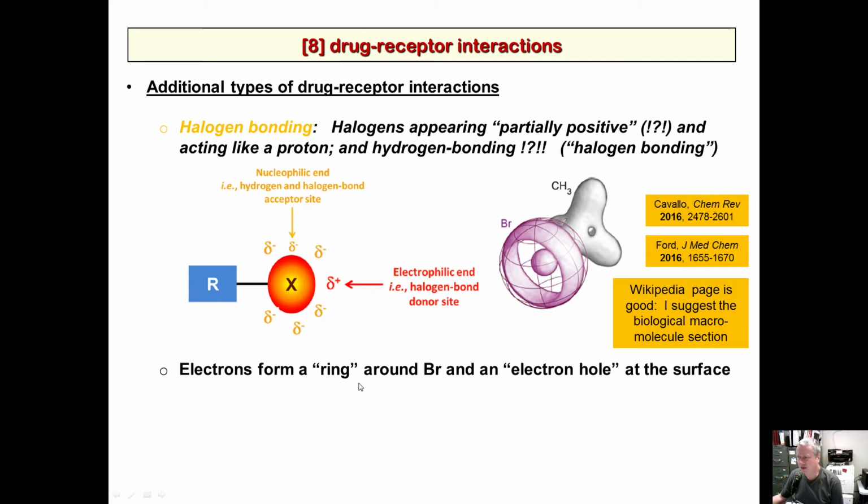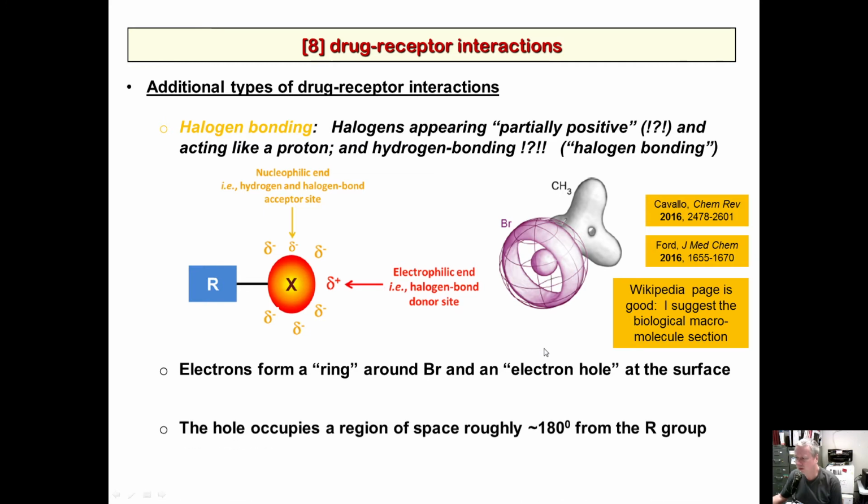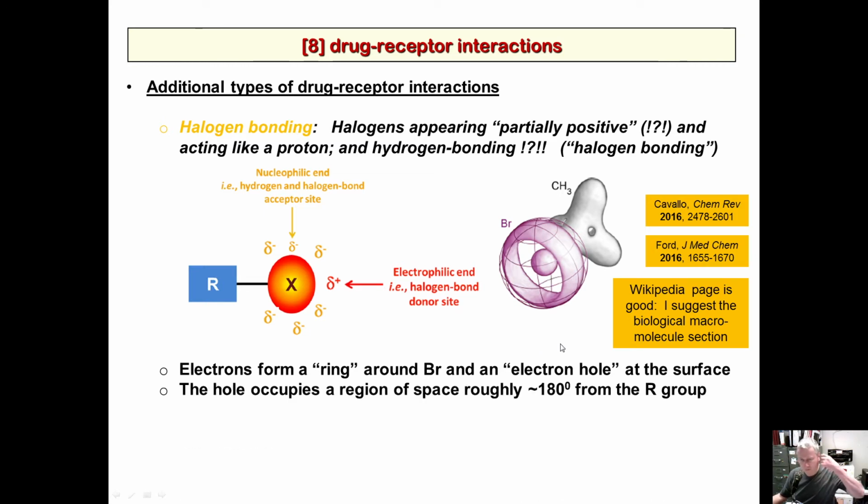Okay, so the electrons form a ring around the Br, and there's this thing called an electron hole at the surface, where it's delta positive, right around the tip. Most profoundly at 180 degrees, but as you go up toward about 130 degrees, there's still this delta positive little hole. All right, so it's a range. It's not just specifically 180.